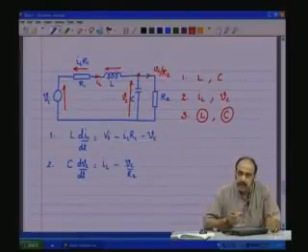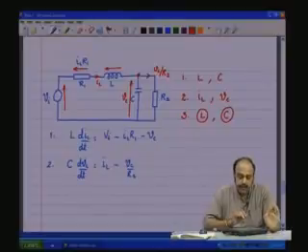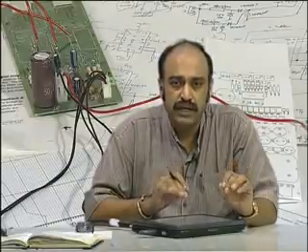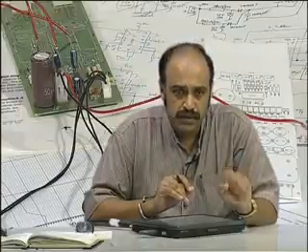And to obtain the mathematical representation, we just have a very simple 3-step process. First step is to identify all the energy storing components. After having identified the energy storing components, identify the state variables. It is very simple.